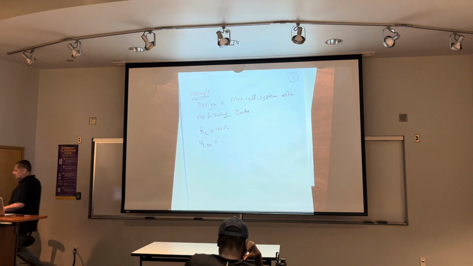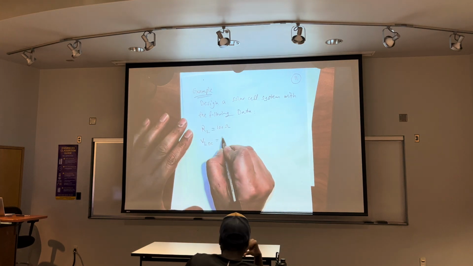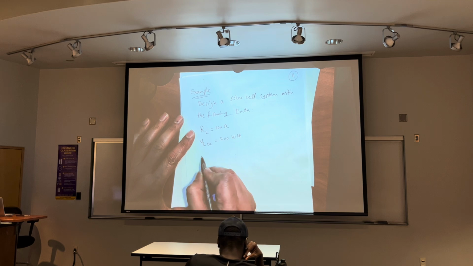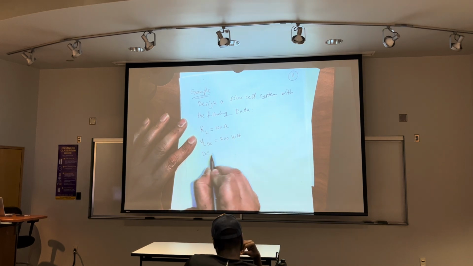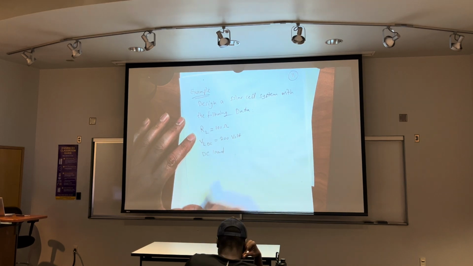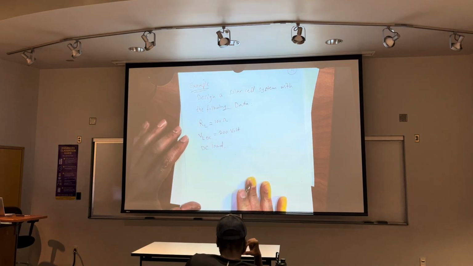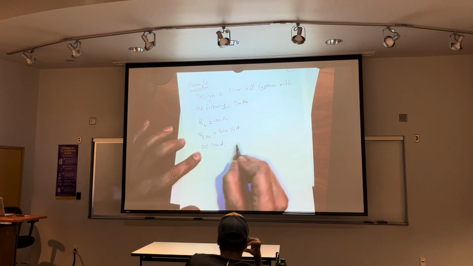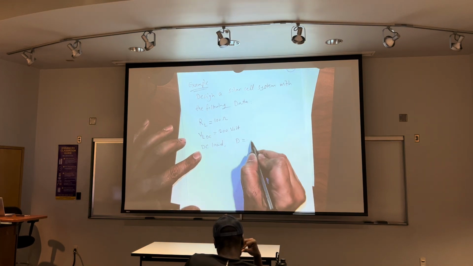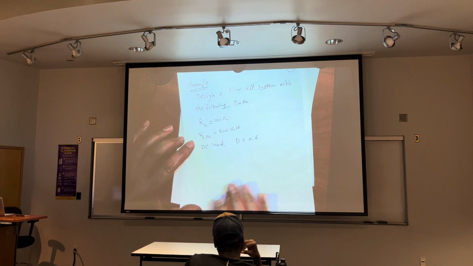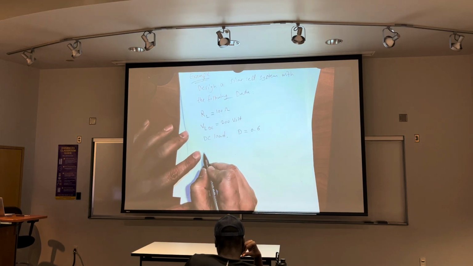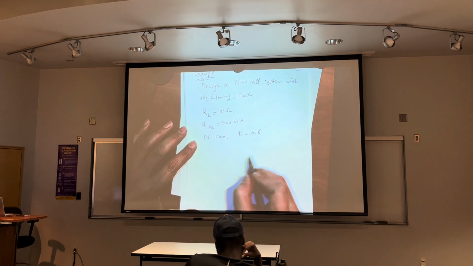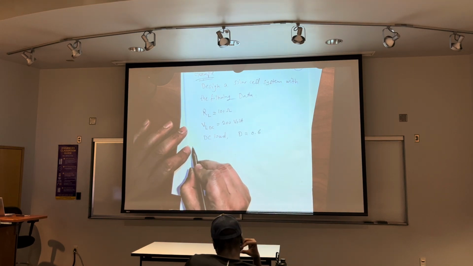V load DC equals 200 volts. Duty cycle equals 0.6. That's it.